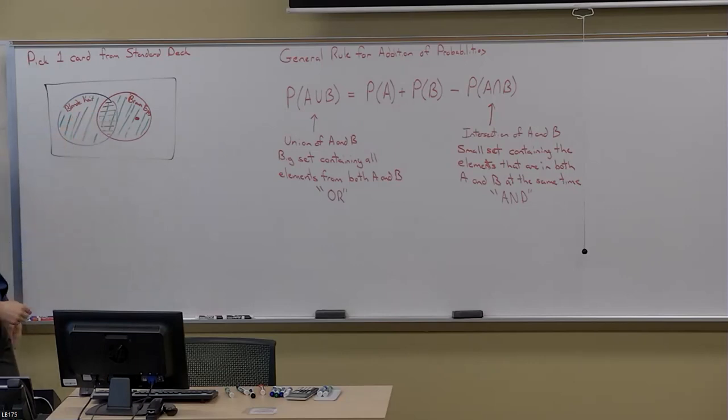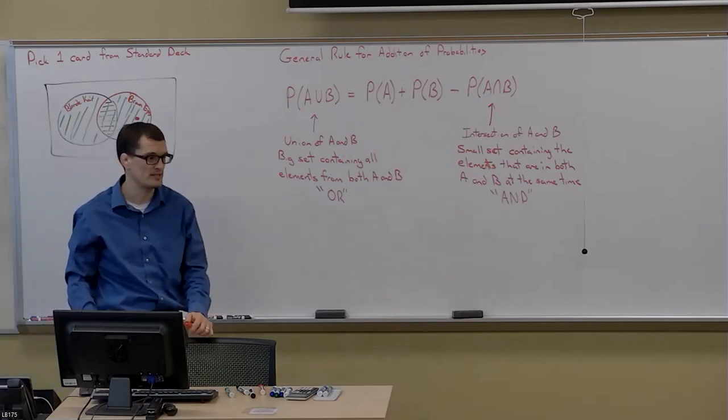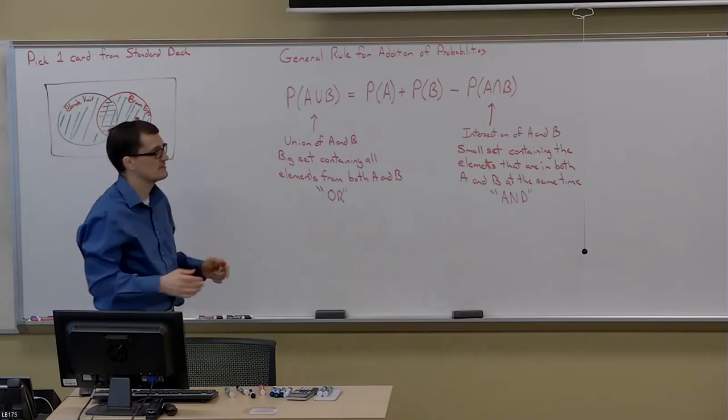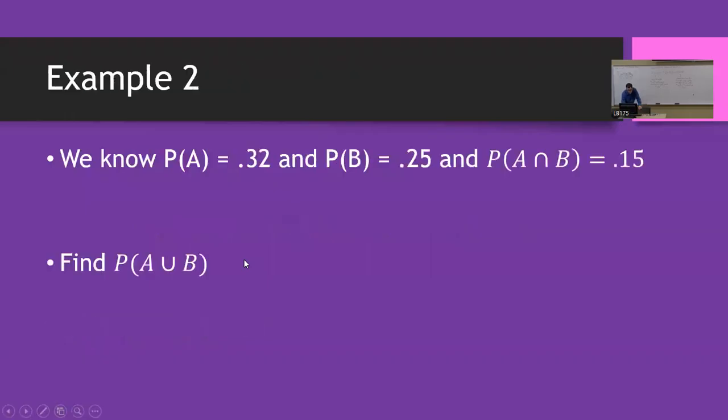So that's the general rule for addition of probabilities. And we get that through some basic examples. All right. Now, here's the thing about having a general rule. We have a general rule, we can use it.